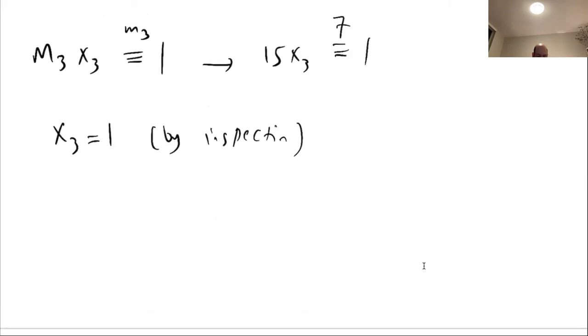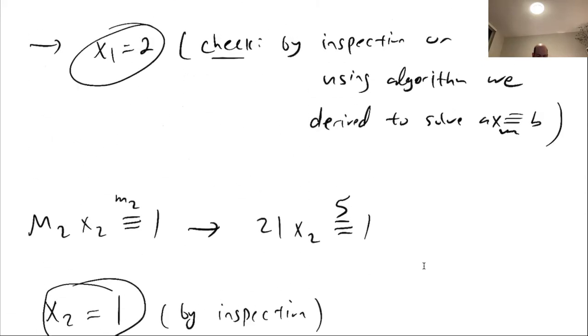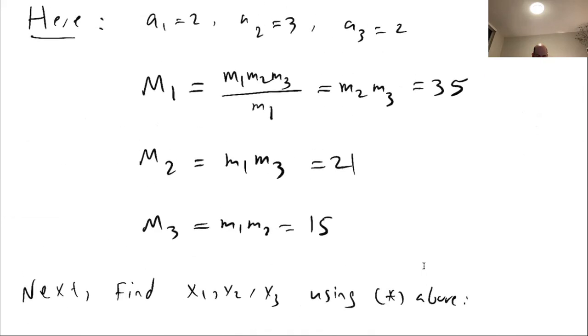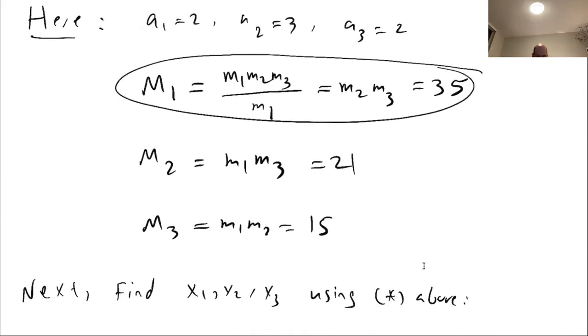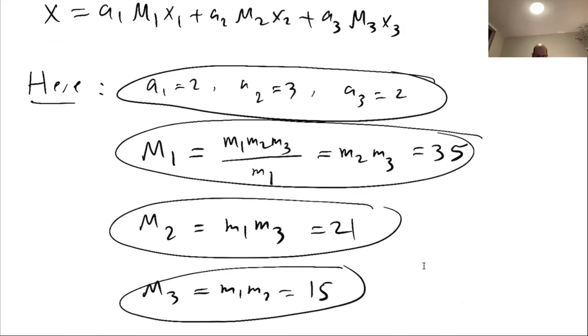So there you are, we found X3, X2, X1. We also found M1, M2, M3, and we also found A1, A2, A3.